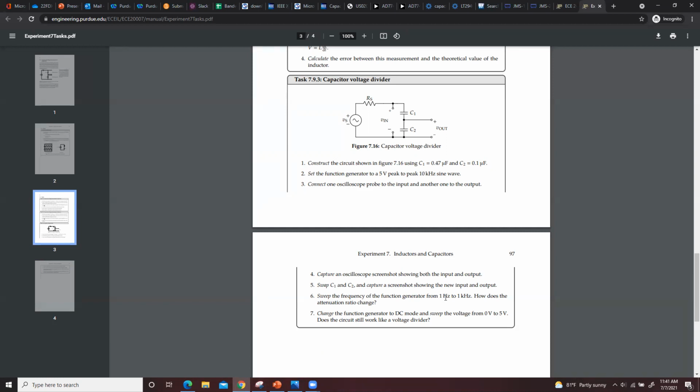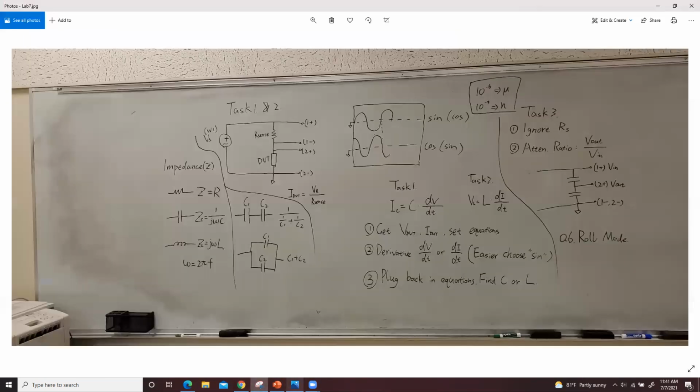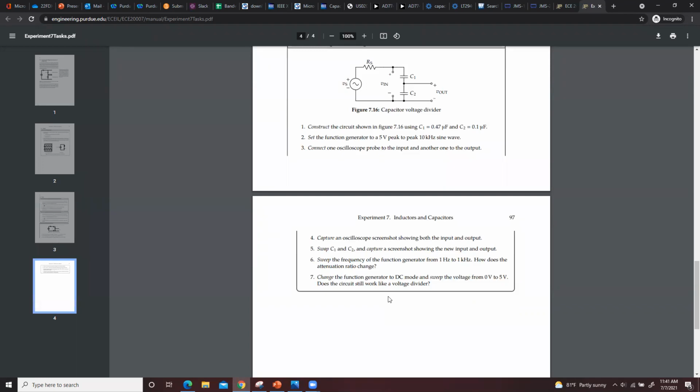When you have a slow signal, if you're unable to detect it in normal mode, you're going to use roll mode. So you can use roll mode when you have a very slow signal. So that's step 6.